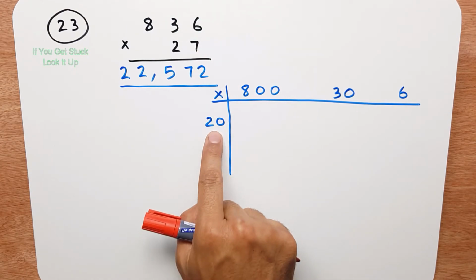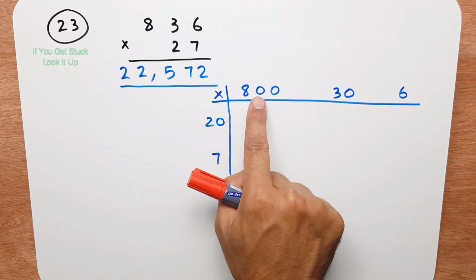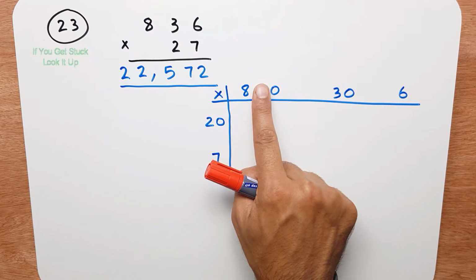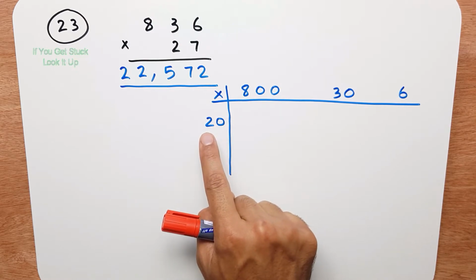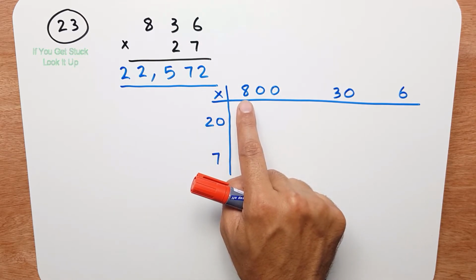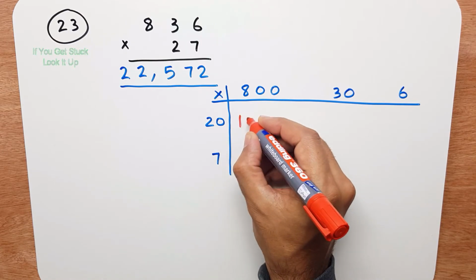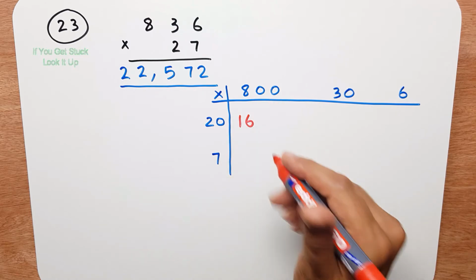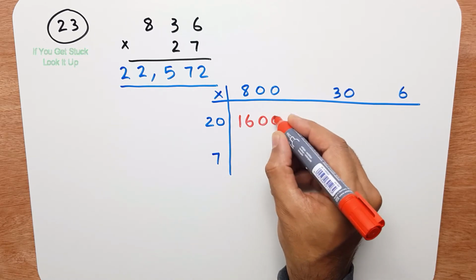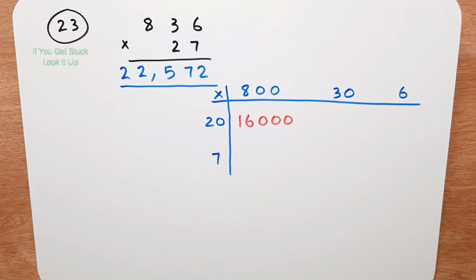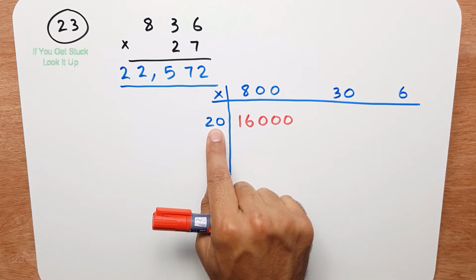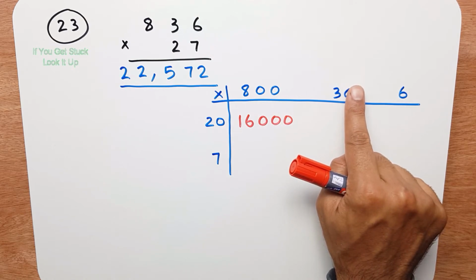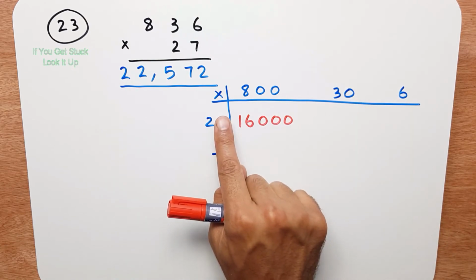So let's start with this, 20 times 800. What I'm going to do to make this easy, I'm going to hide these two zeros and this 0. So 2 times 8 is 16. Now I'm going to bring 1, 2, 3 zeros back. Now I'm going to do 20 times 30. As before, hide this 0 and this 0.